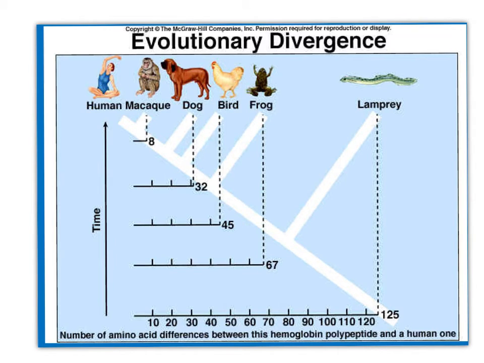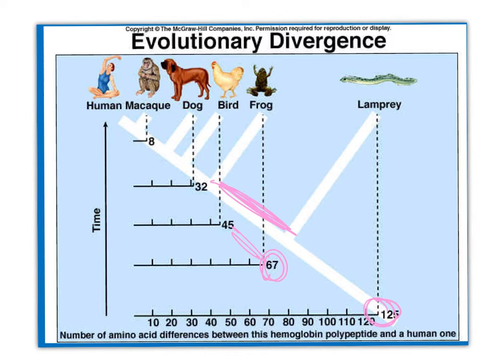If you look at the bottom of the cladogram, we have the lamprey. The lamprey is going to have pretty much 125 differences compared to the frog. There's a big gap here between the lamprey and the frog, so that's a big amount of differences. But then between 45 and 67, between the bird and the frog, you're going to have a smaller gap.